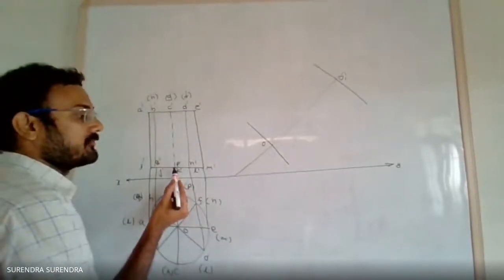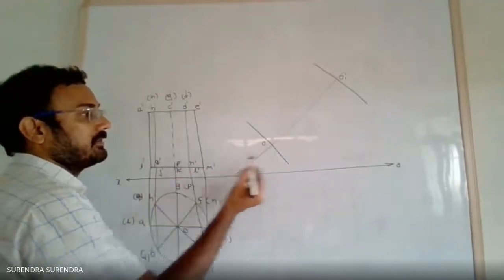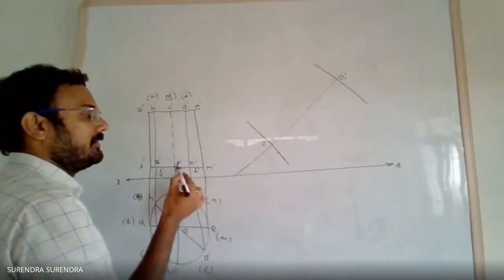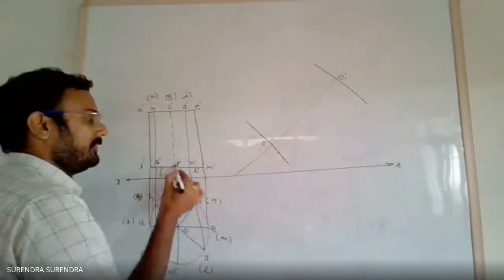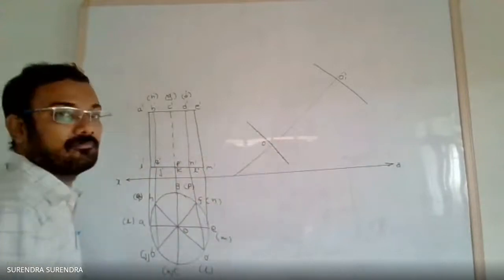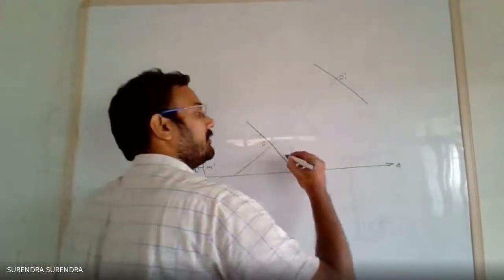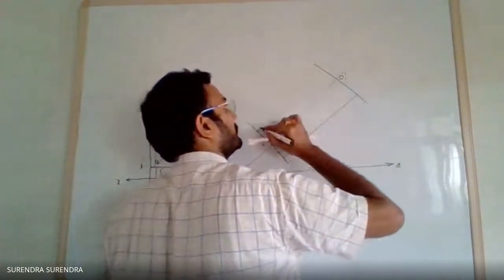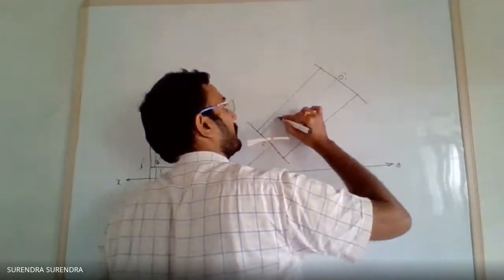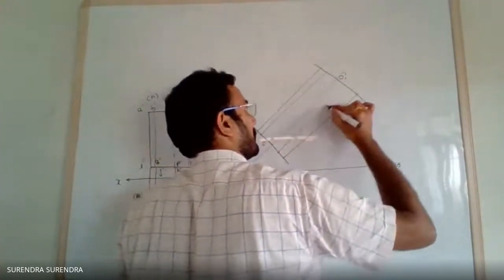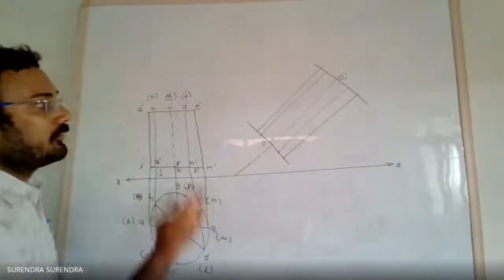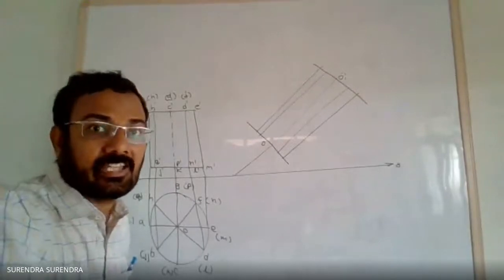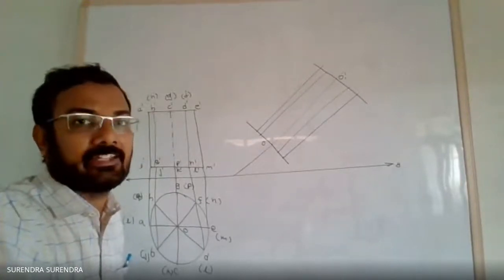Now measure the distance from P to L and mark it. Measure the distance from P to M, P to Q, P to I. Similarly on the other side, and now draw the lines parallel to the axis line. We have redrawn the same shape with the axis inclined at 30 degrees to the XY line.